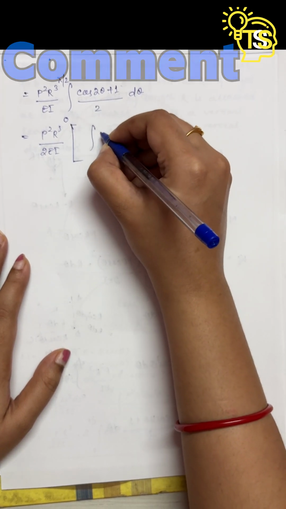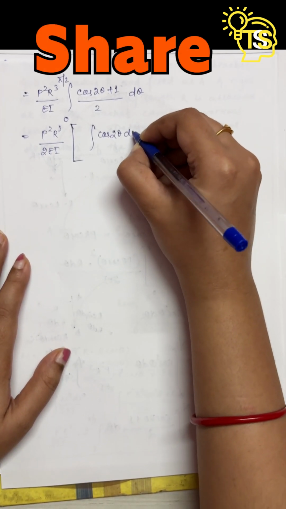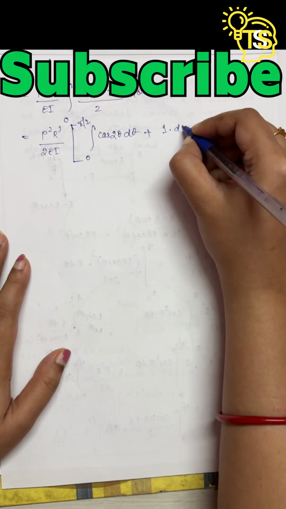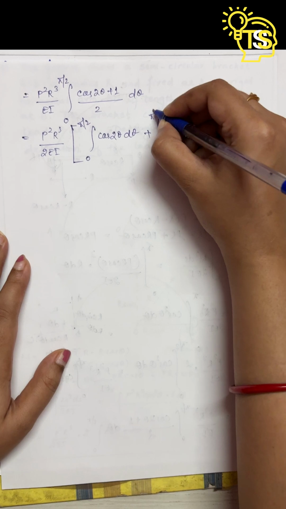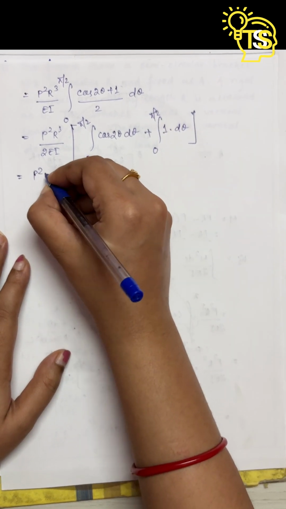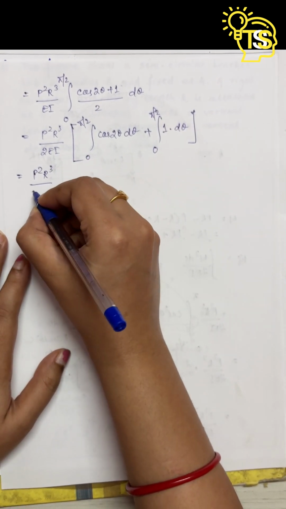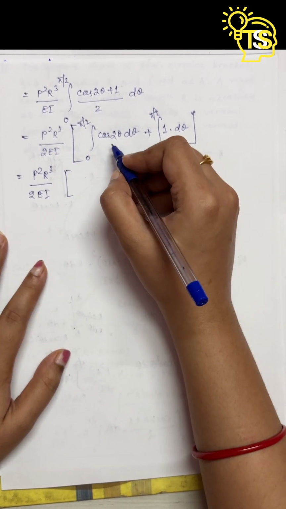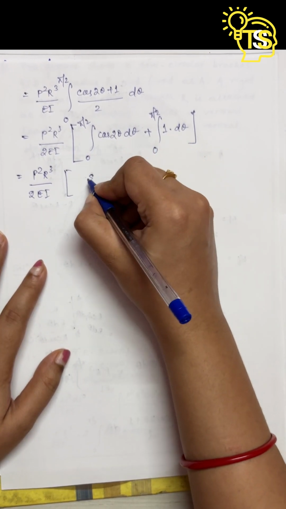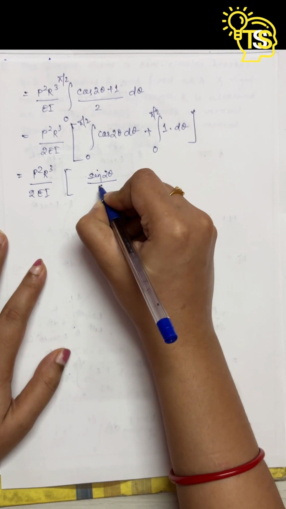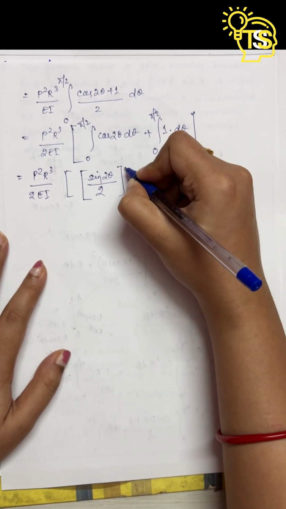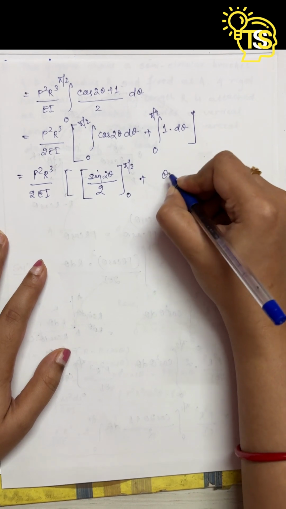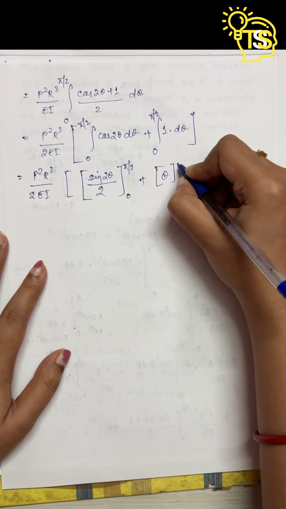We will get integration of cos 2 theta d theta, limit from 0 to pi by 2, plus here 1 into d theta, integration from 0 to pi by 2. Integration of cos 2 theta will be sin 2 theta upon 2, limit from 0 to pi by 2. Here the integration of d theta is theta, limit from 0 to pi by 2.